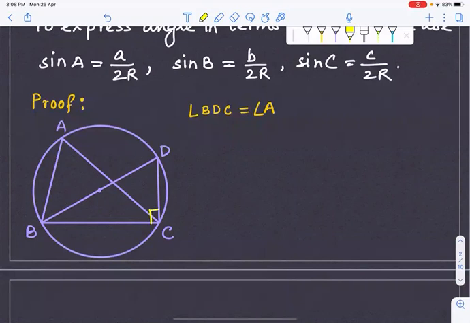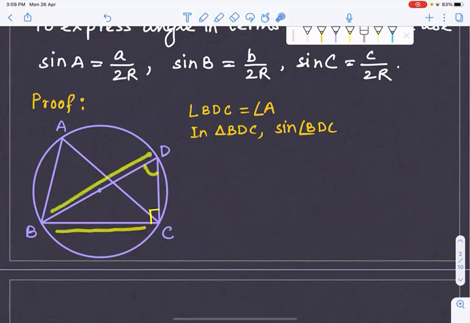If that angle is 90 degrees, then BDC being a right angle triangle, I can say in triangle BDC, sine of the angle BDC, sine of any angle like this angle here. What is sine? Sine is BC by BD.